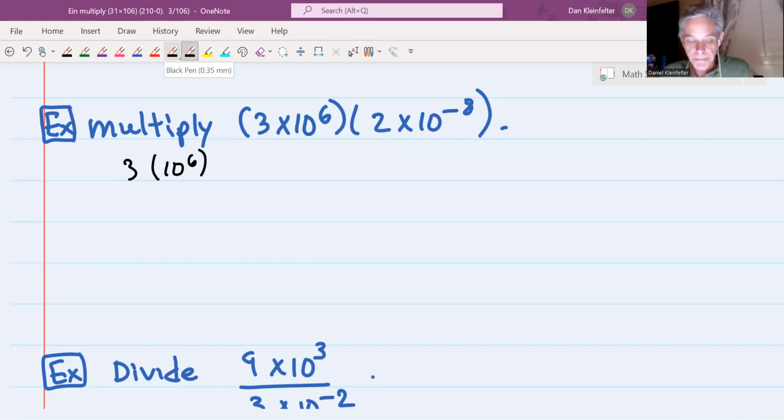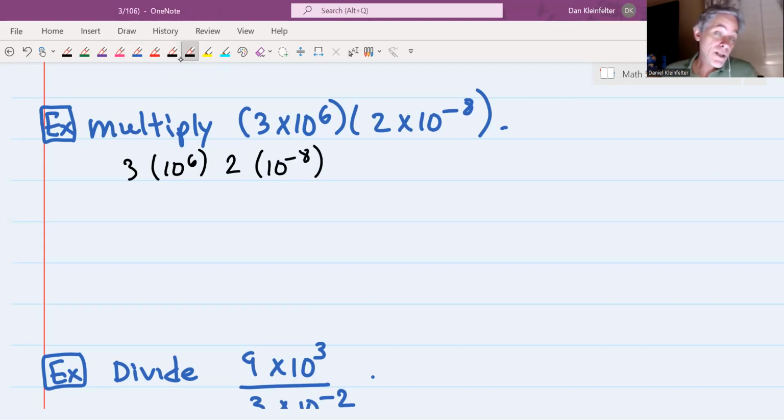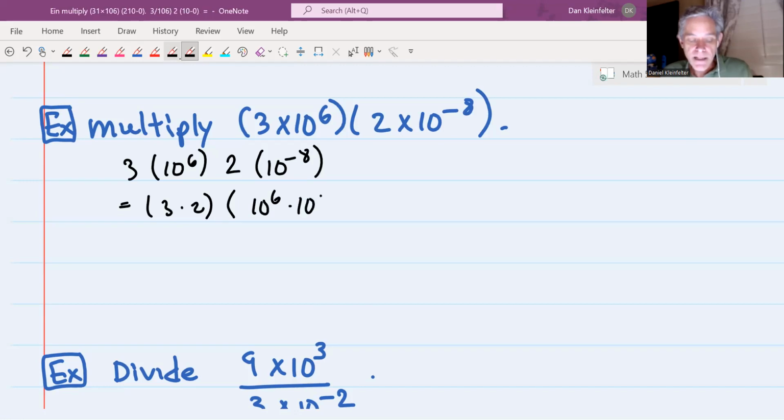This is multiplied by 2 times 10 raised to the minus 8 power. Multiplication is commutative and associative, so we can write this as 3 times 2, and then we'll have 10 to the 6th power times 10 raised to the minus 8 power. This will give us 6 times 10 raised to the minus 2 power.